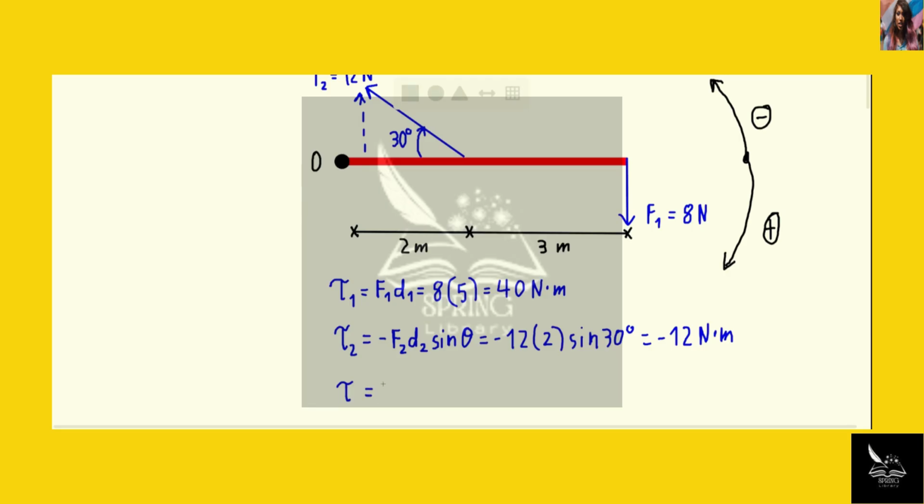So that is 40 minus 12, which is 28 newtons times meters. And remember that this is positive, so that is clockwise. And that is our final answer.